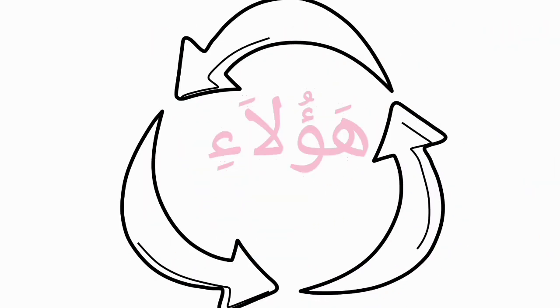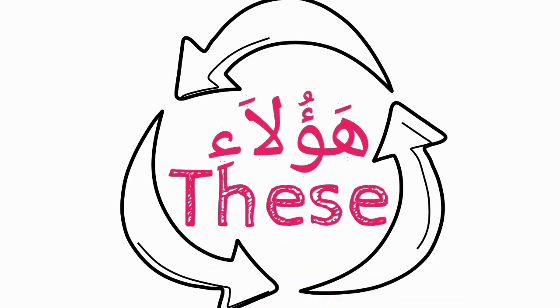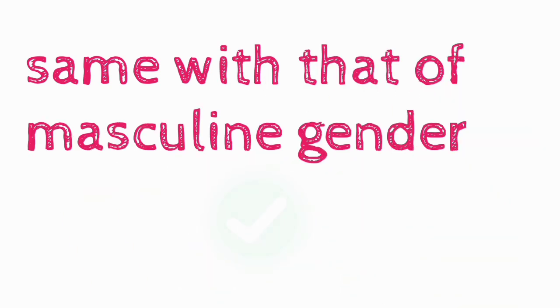Now, for the plural form of hazihi, we have haulai, which is similar to that of haza. That is to say, both the masculine and the feminine gender share the same plural form, and this plural form contains the same attributes.